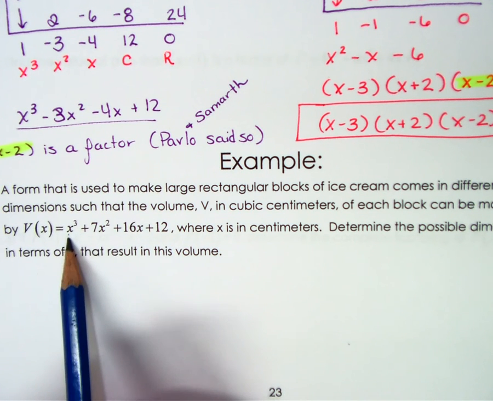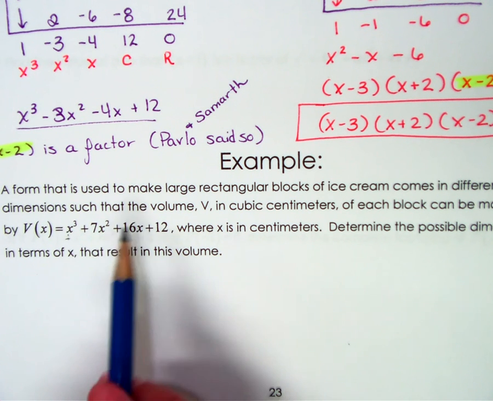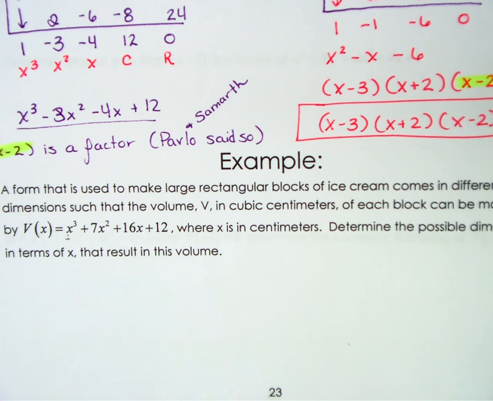So if I put negative 1s in here, it doesn't work? I'm doing -2 right now. -2?